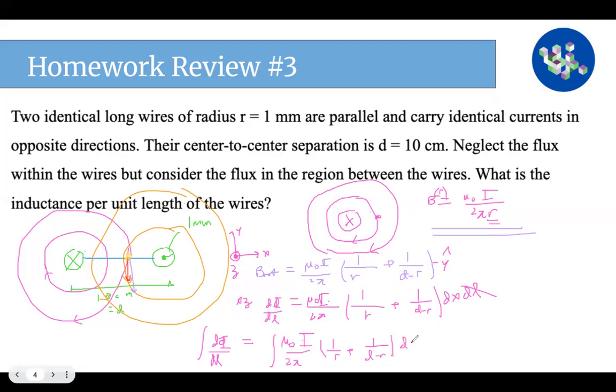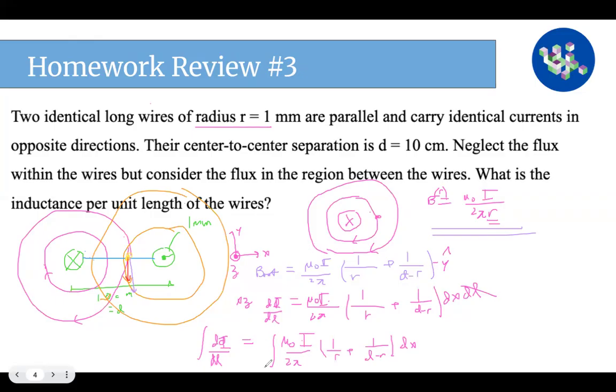Now, what are our integrating boundaries? You might be tempted to say from 0 to d, right? The problem with that is that if we do from 0 to d, we'll get infinity, because it's 1 over r and 1 over d minus r. Instead, remember we're given that the wire has a radius, so it's slightly thick, meaning our lower and upper boundaries will not be from 0 to d.